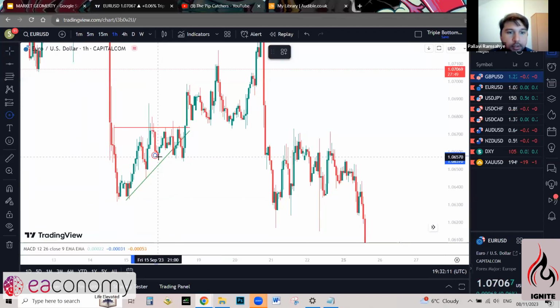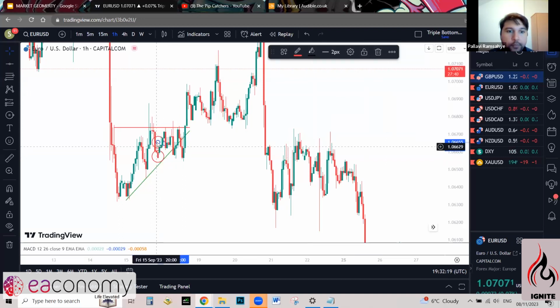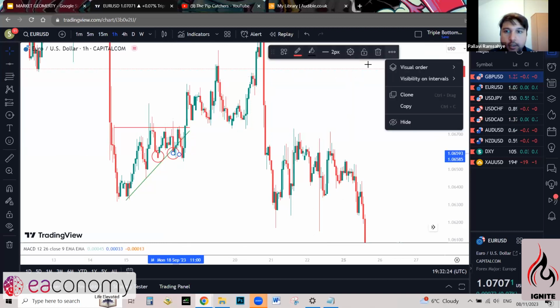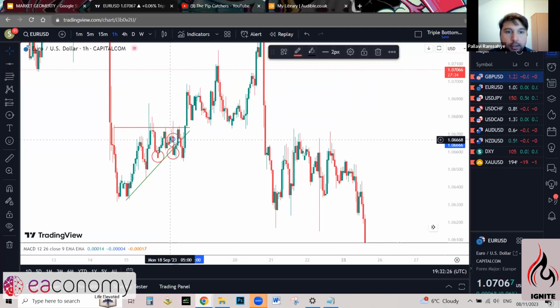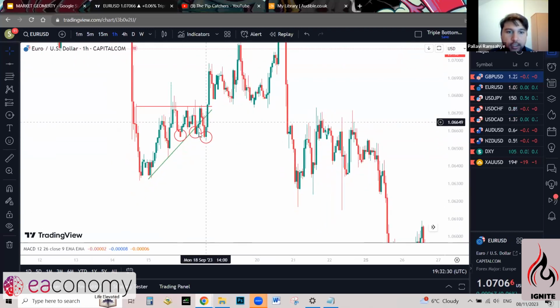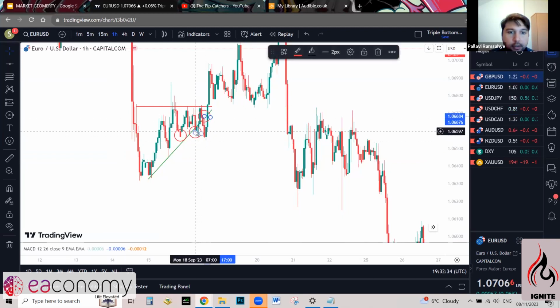So this point here. So we've got one there. And then you have this swing point here. And then this one here as well. So that kind of just nullifies the pattern. Because ideally you want these points to be on that trend line.